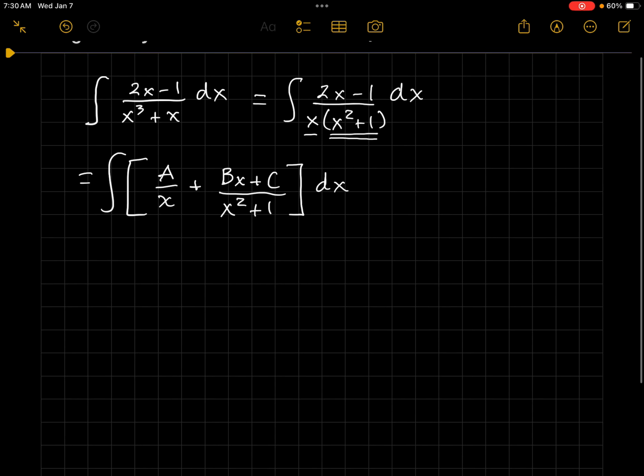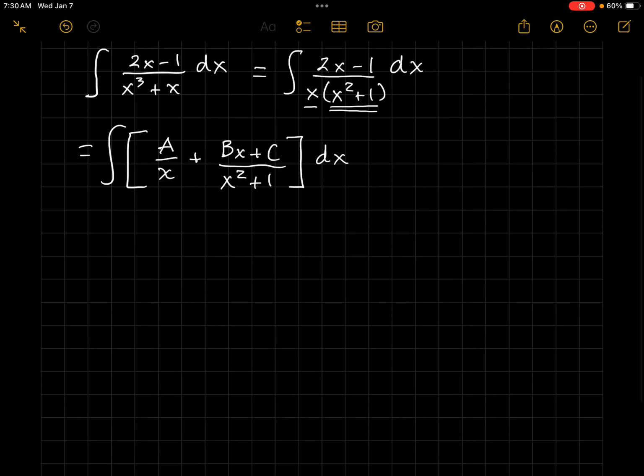I'm going to do the work on the side, that is, I'm going to find a, b, and c, and then I'll plug back into the integral at the end. So just like with linear factors, we're going to find the common denominator. I'm going to multiply the a over x times x squared plus 1 over x squared plus 1.